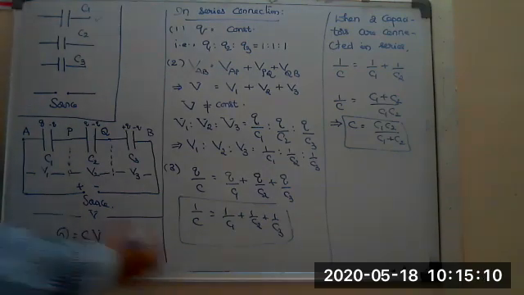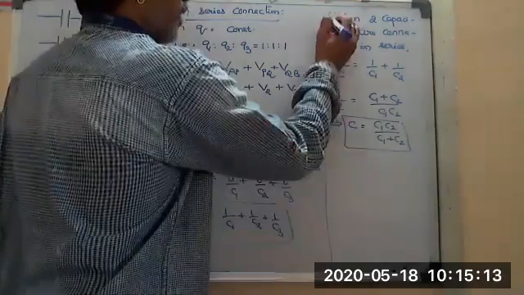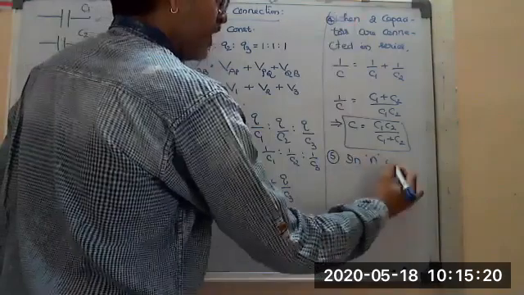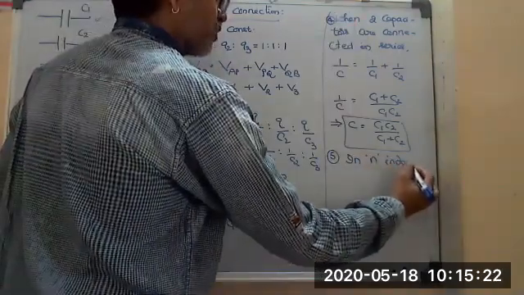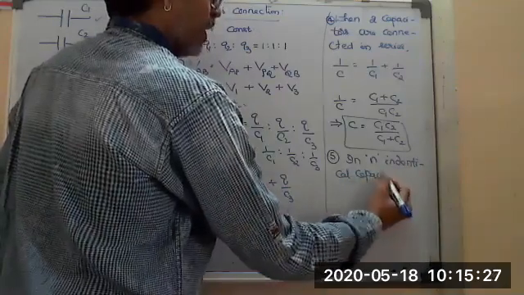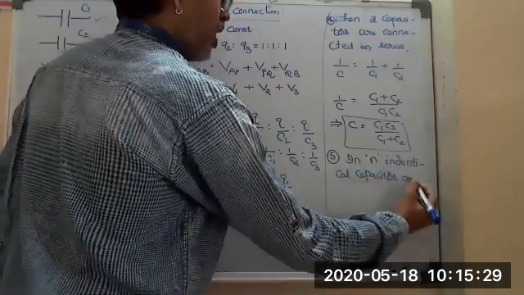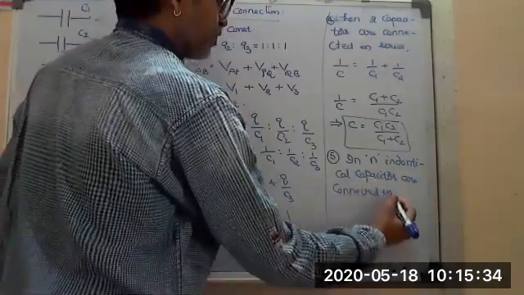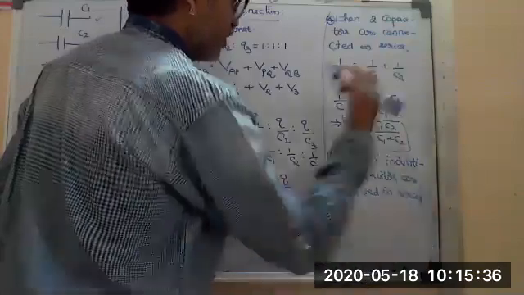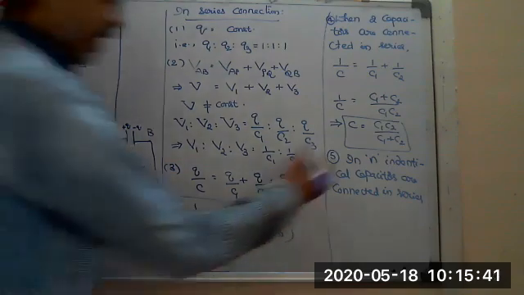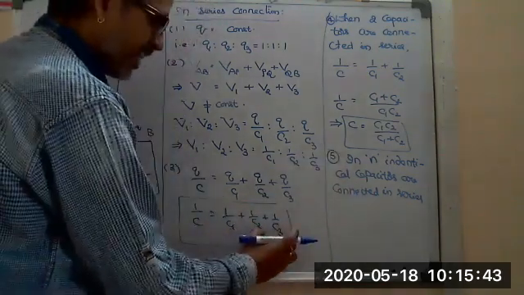And suppose this is the fifth point: if n identical capacitors are connected in series, what will be the effective capacity? If you see, n identical capacitors means all are equal.